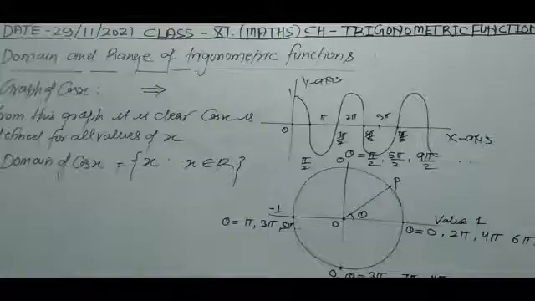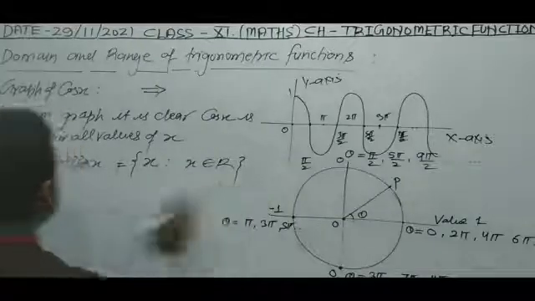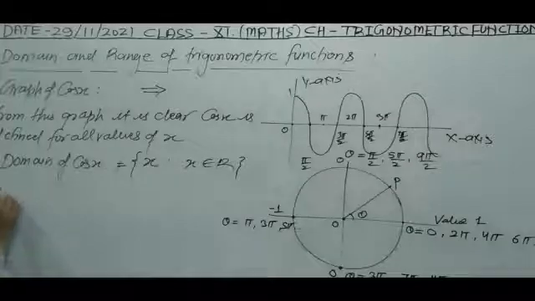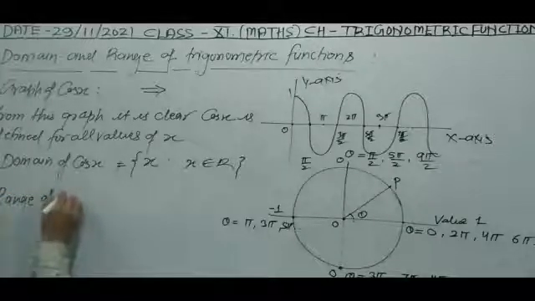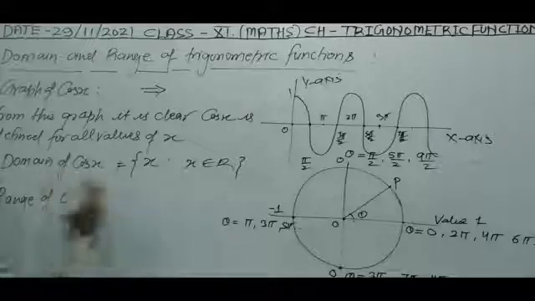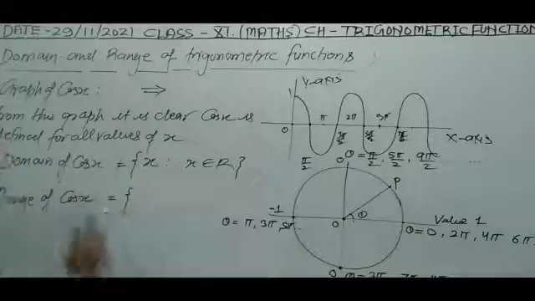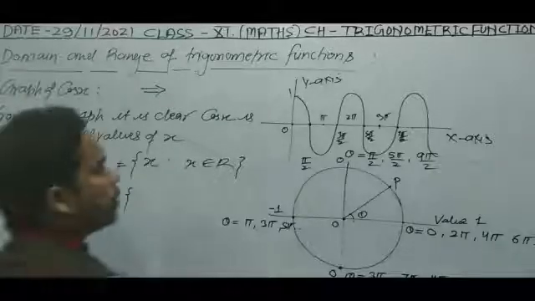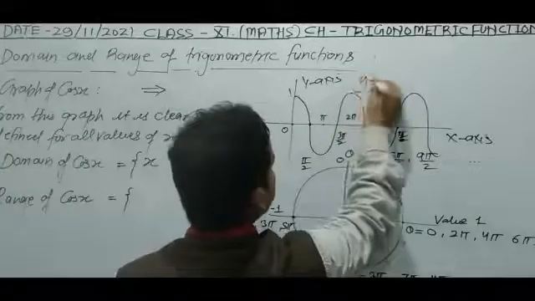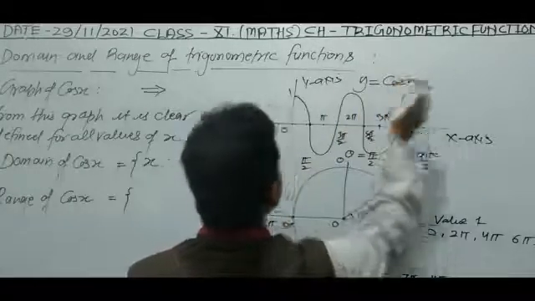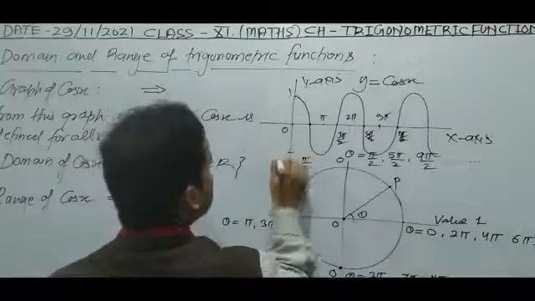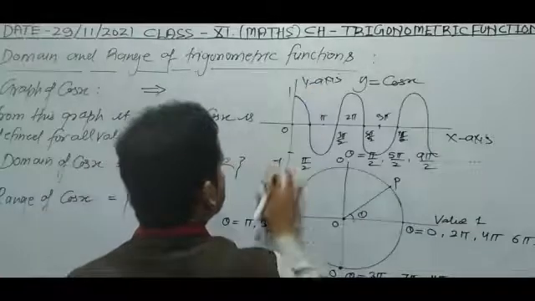Now the range of cos x. This is the function y is equal to cos of x. Now what is the range of cos x? That is minus 1 and 1.